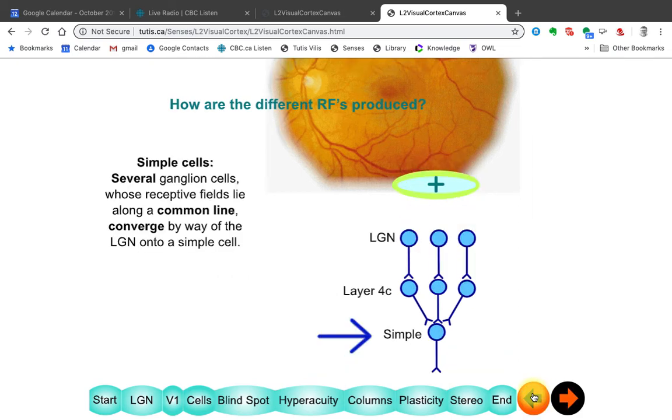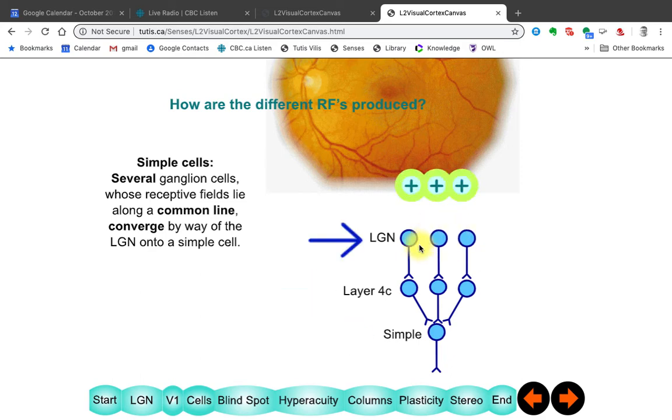Okay. So, how do you make a simple cell that's sensitive to a horizontal line? Well, here you see the receptive field of LGN neurons, which are similar to the receptive field of ganglion cells. And suppose you pick 3 ganglion cells all along this horizontal direction.